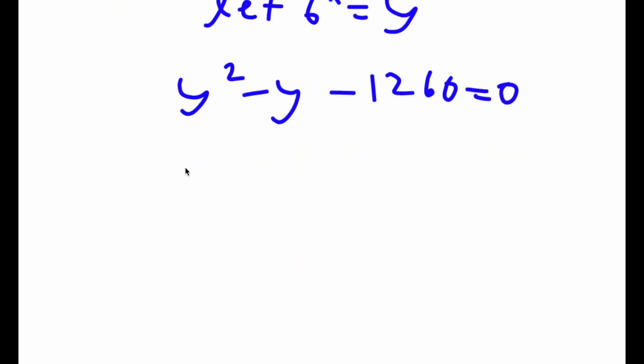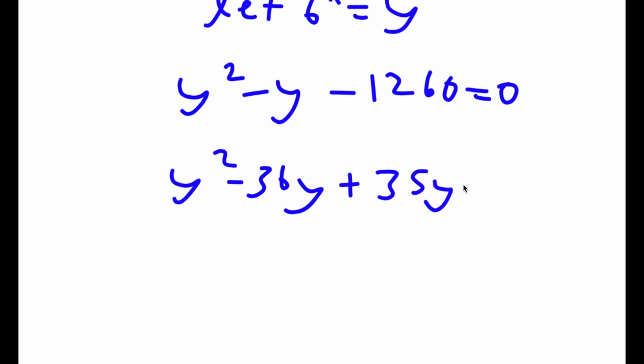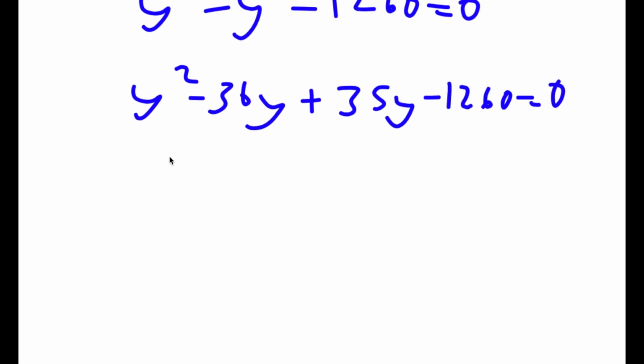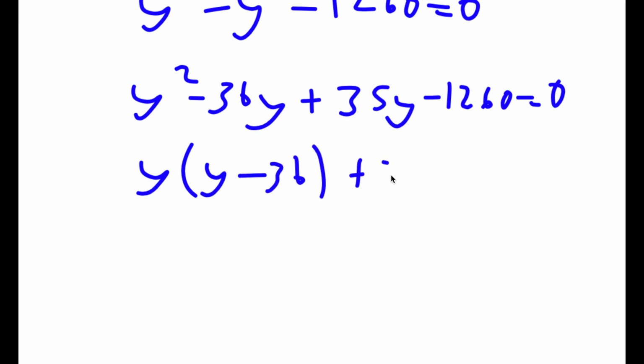Now I'm going to replace negative y with negative 36y plus 35y. And now y squared minus 36y is the same thing as y times (y minus 36), plus 35 times (y minus 36) is equal to 0.